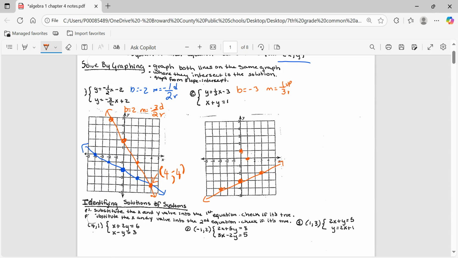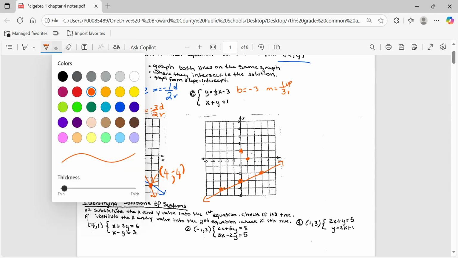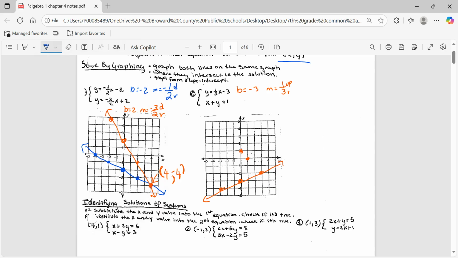And then I would eventually get there, or I could go to my best friend, slope-intercept form, which means I will have to change this around because right now it's not in slope-intercept. So that would be x plus y equals 1. So I would subtract x on both sides, so that y is equal to negative x plus 1. That means the y-intercept is at 1 and the slope is negative 1/1. So I'm going to go down 1, right 1.